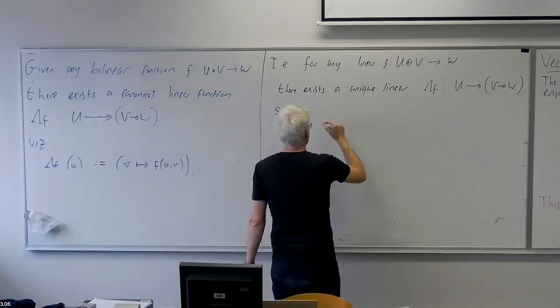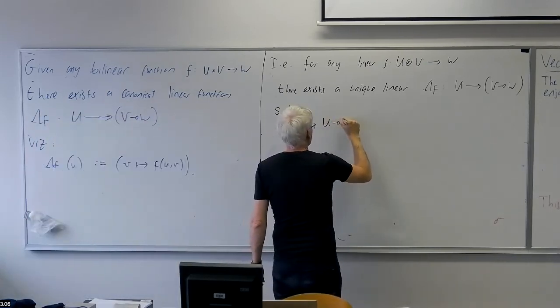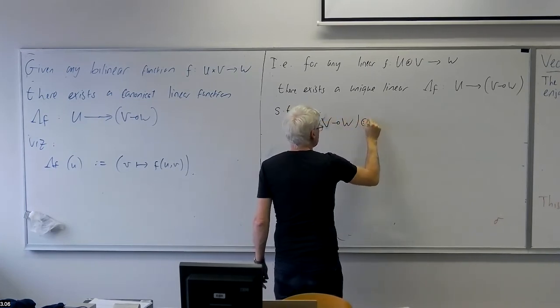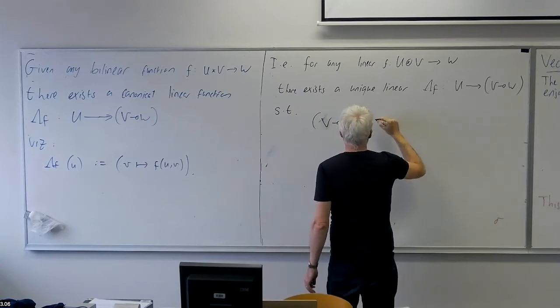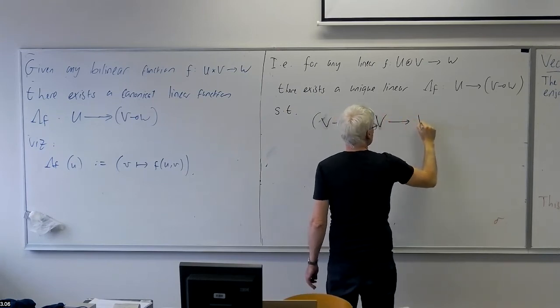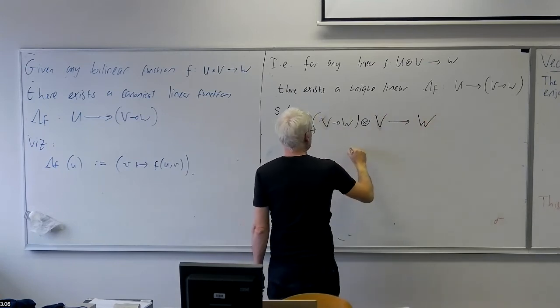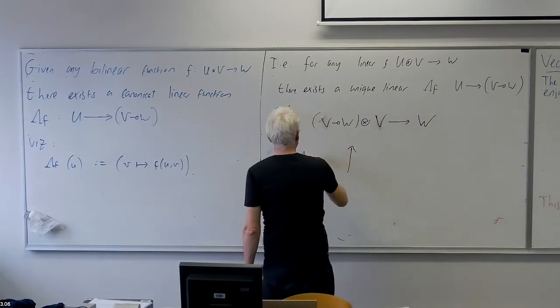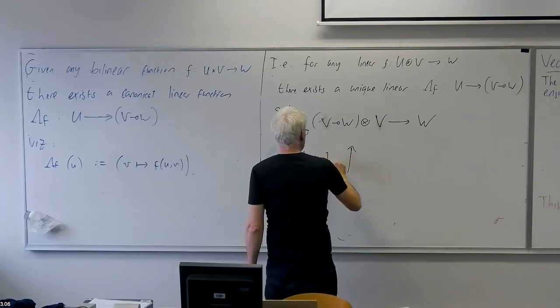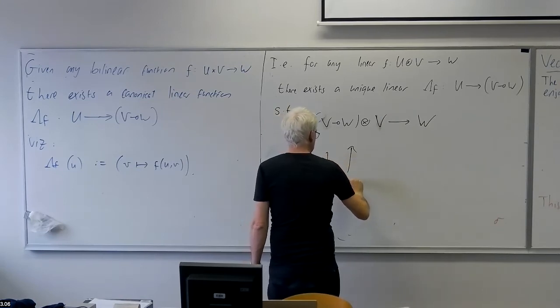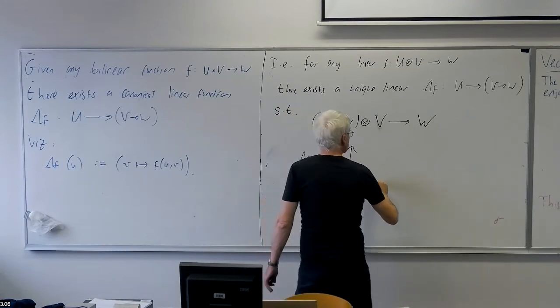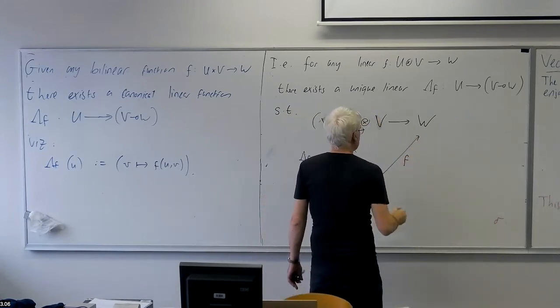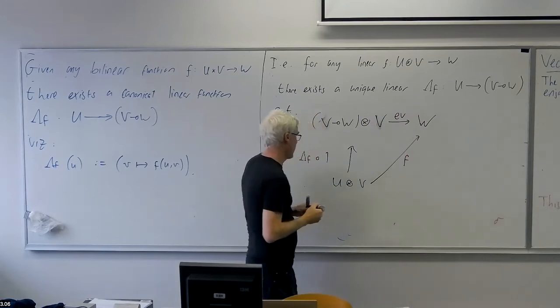And we can write that up in category theoretic terms as follows, if we use our evaluation map, so F on the evaluation map.